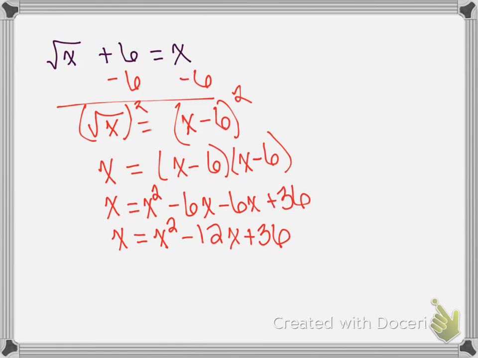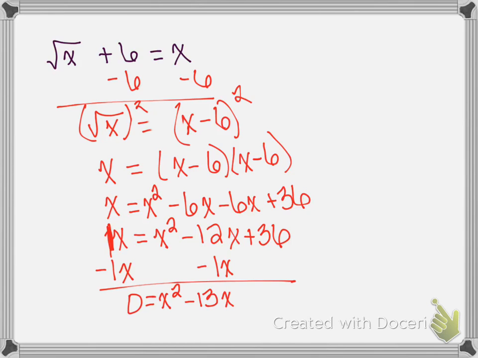So I've got to set it equal to 0. This x over here is 1x. I subtract 1x from both sides. 0 equals x squared minus 13x plus 36. Can that be factored? Yes.